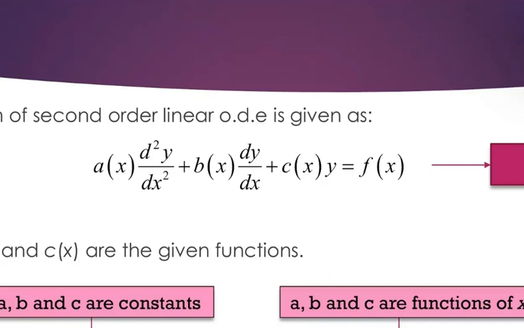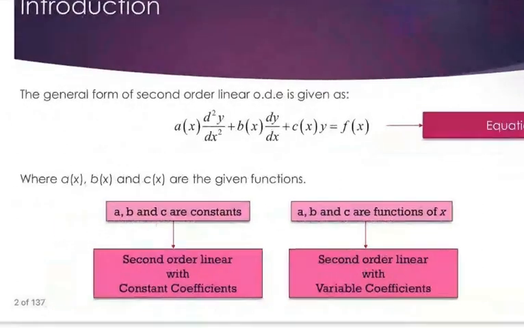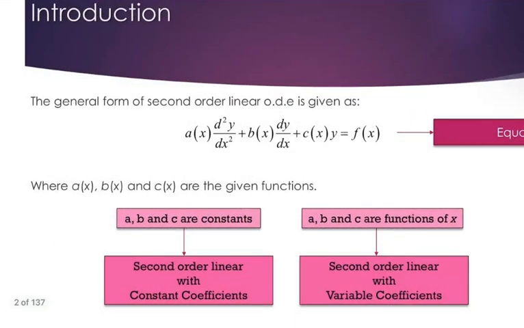Coefficient of y is c(x), and some function f(x). So this is the equation of a second order linear differential equation. So a, b, and c are functions. If a, b, and c are constants, then we may have a homogeneous and non-homogeneous equation.